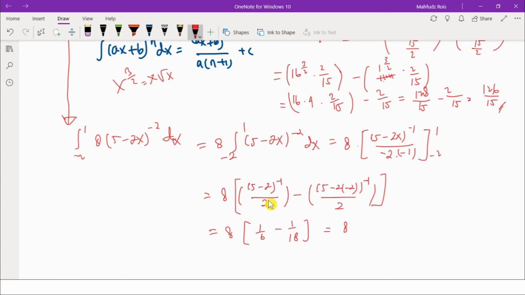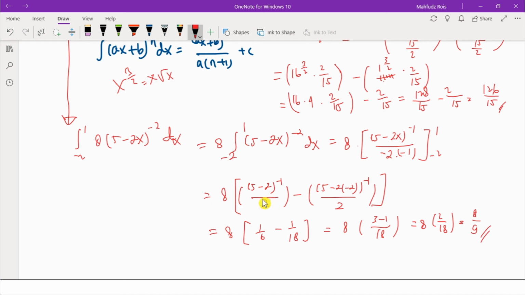Then we can calculate, make it 18, so 3 minus 1 is 2 over 18, which means 1 over 9, times 8, so it's 8 over 9, like this.